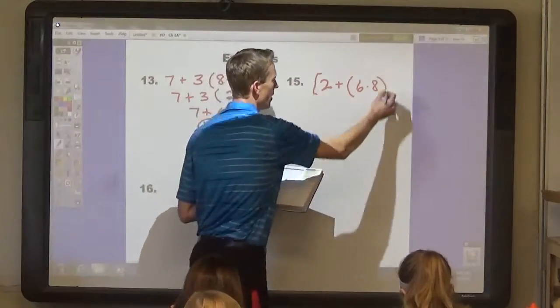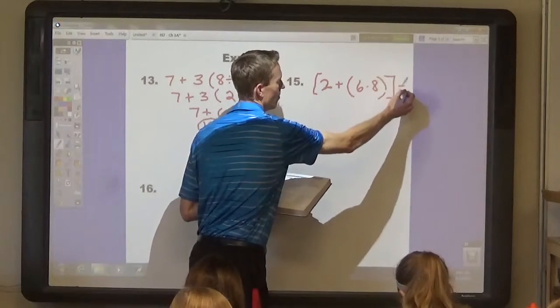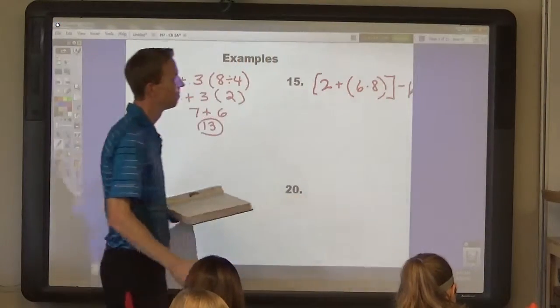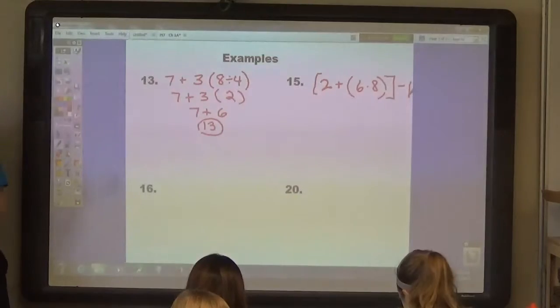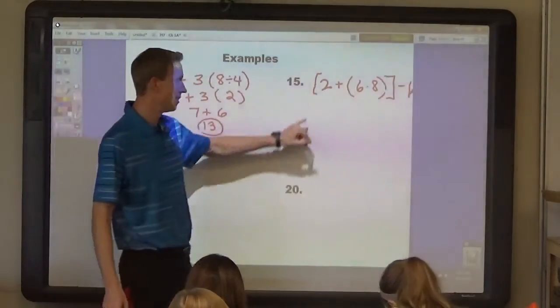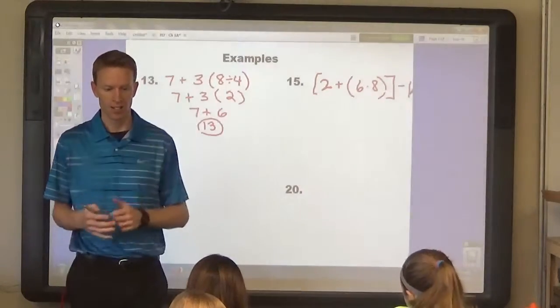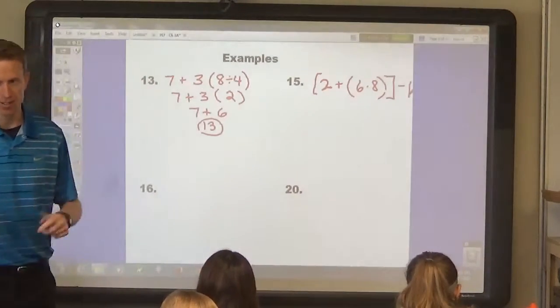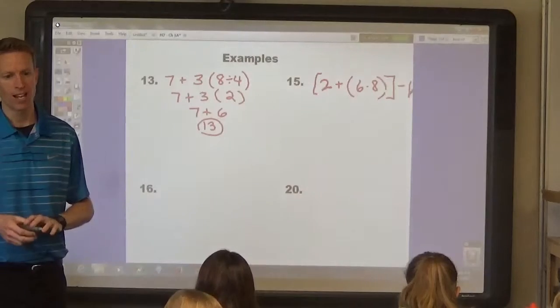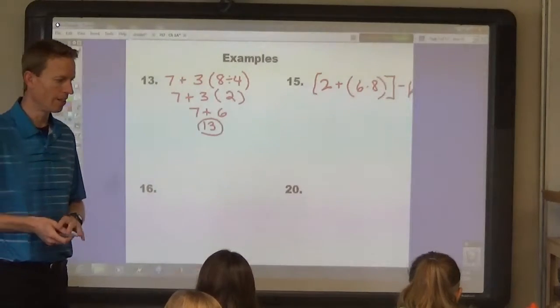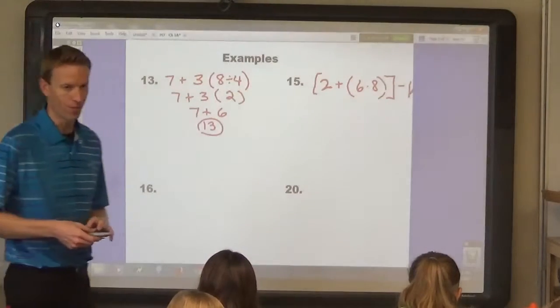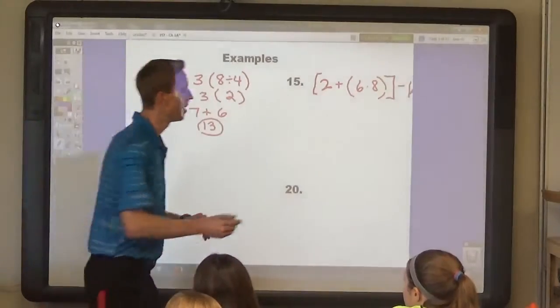It's called a bracket, yep. A bracket is the exact same thing as a parenthesis. You could just replace brackets with parentheses. They don't do anything different. In fact, I don't even know why they have brackets, but they're probably important for something. You'll find out later.